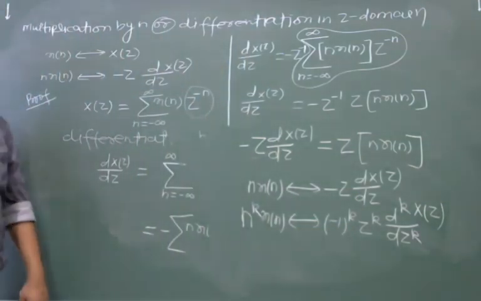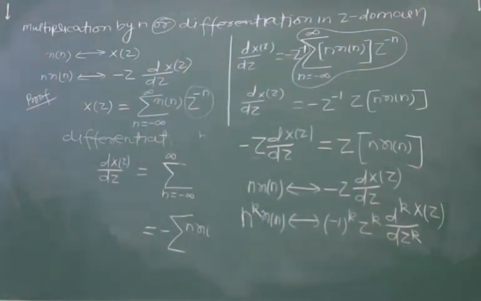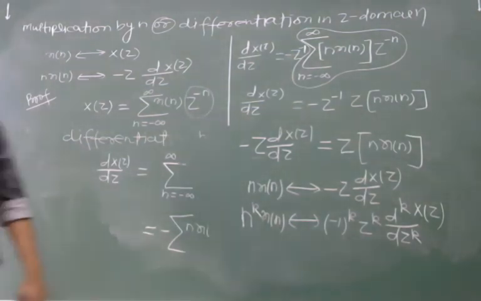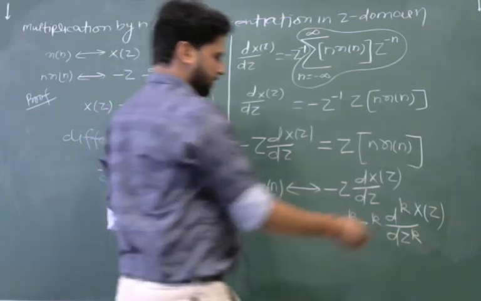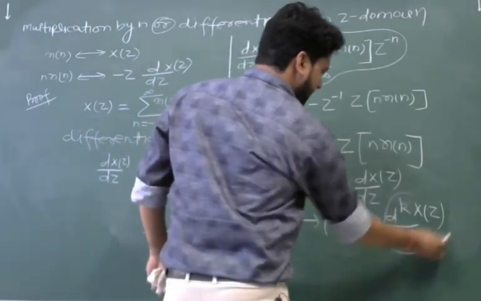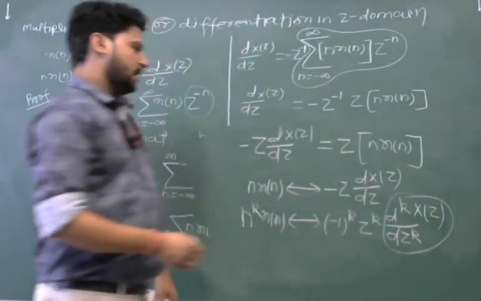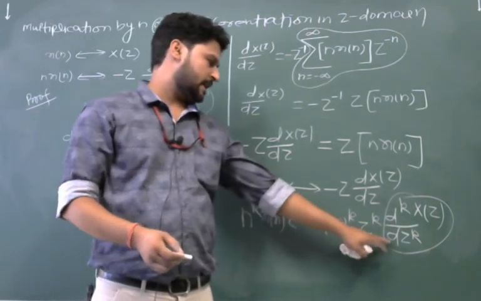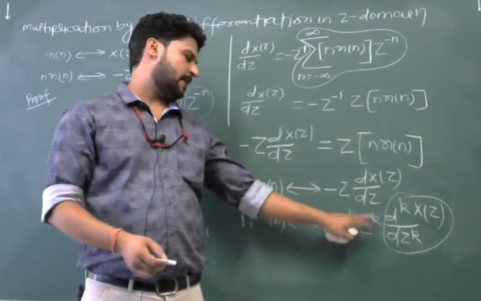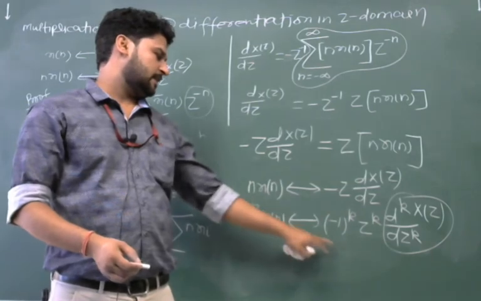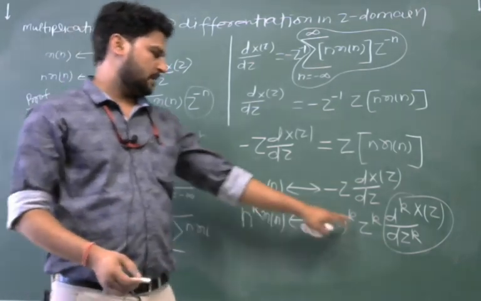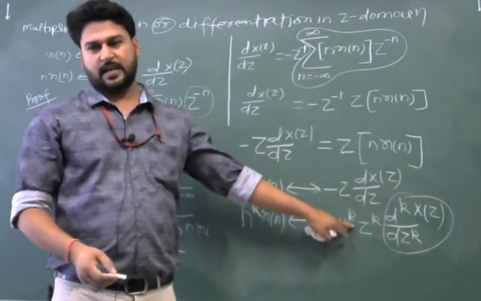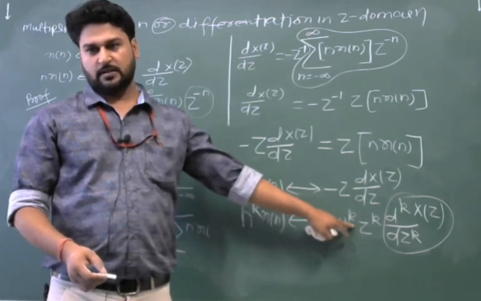So if I am multiplying with n power k in the time domain, then the sequence will be differentiated with respect to z k times and will be multiplied by z power k, and the sign will depend on the nature of k.